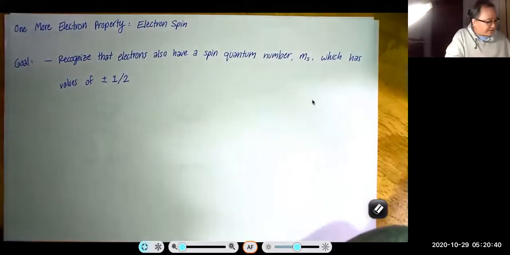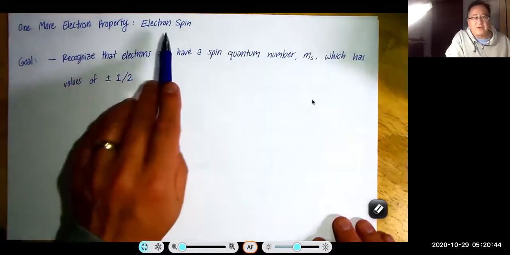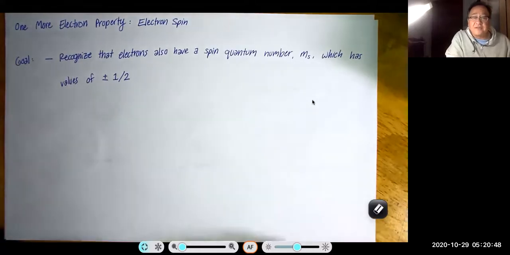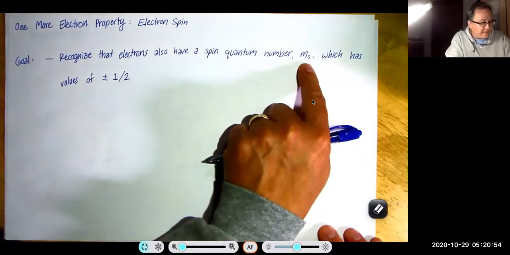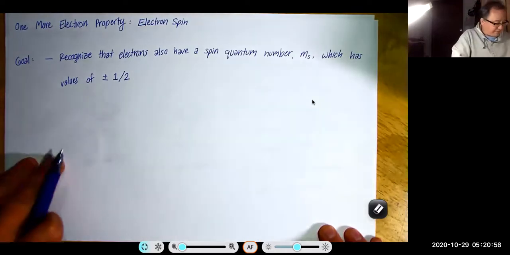And the last section is one more electron property called electron spin. We want to recognize that electrons also have a spin quantum number, which is called m sub s, m sub spin, which has values of plus or minus 1/2.